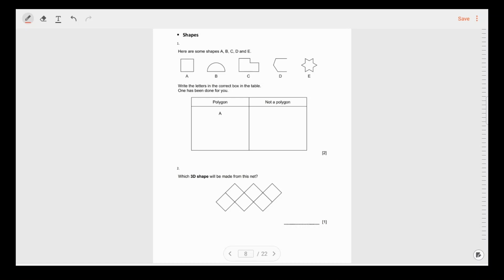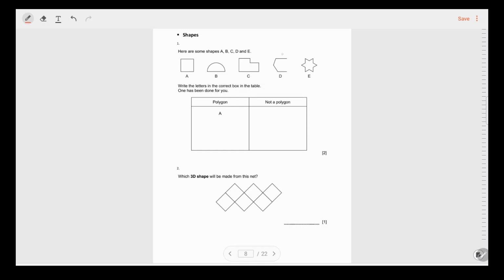Now let's move on to the next topic, shapes. So question 1 says, here are some shapes A, B, C, D, and E, and we are supposed to classify this into polygon and not a polygon. So what is a polygon? A polygon is basically a closed 2D shape that is made of straight lines.